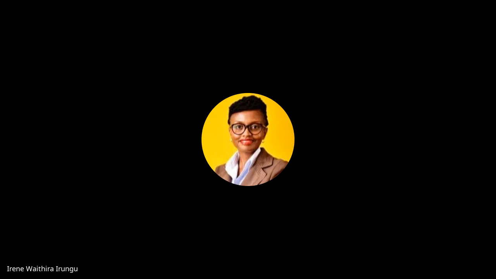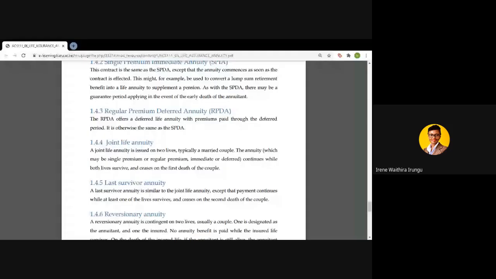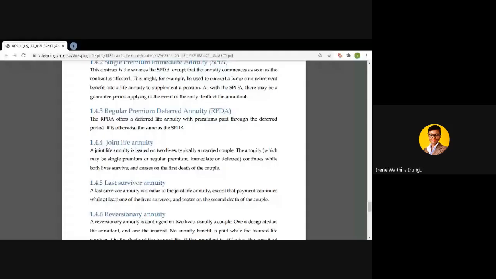So that's the distinction. We may not have a regular premium immediate annuity, because once the annuity payments commence, they will continue until the death of the policyholder. So you need for this policyholder to have paid enough for that particular contract.